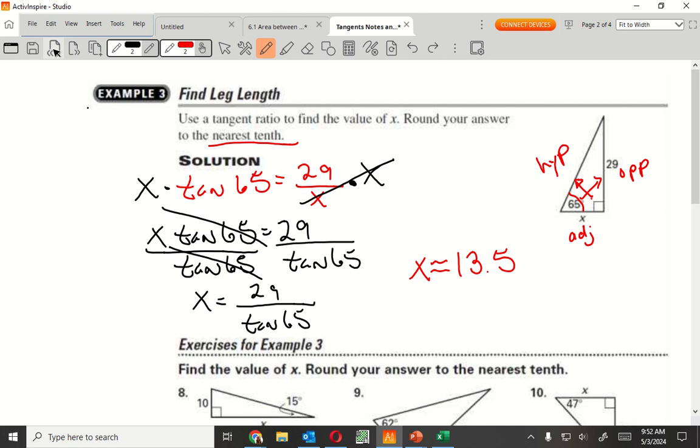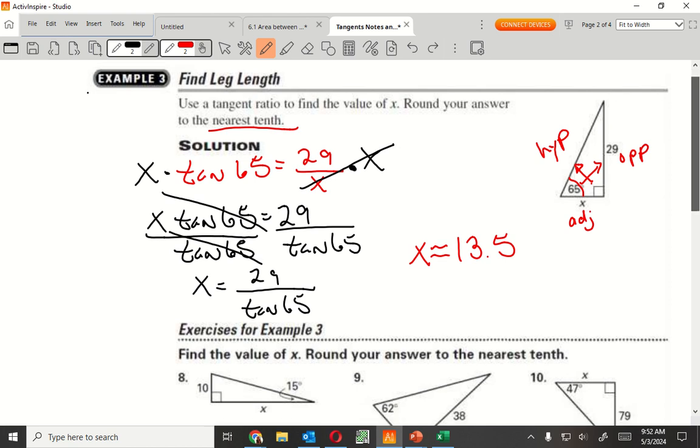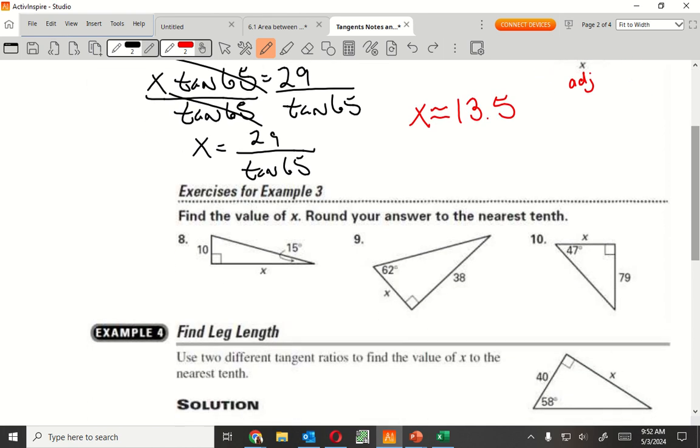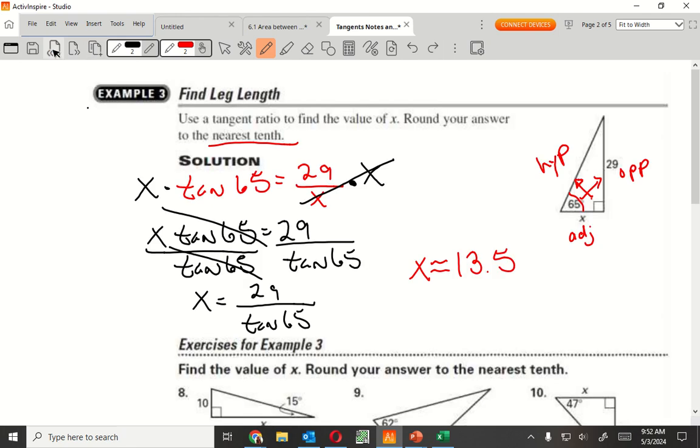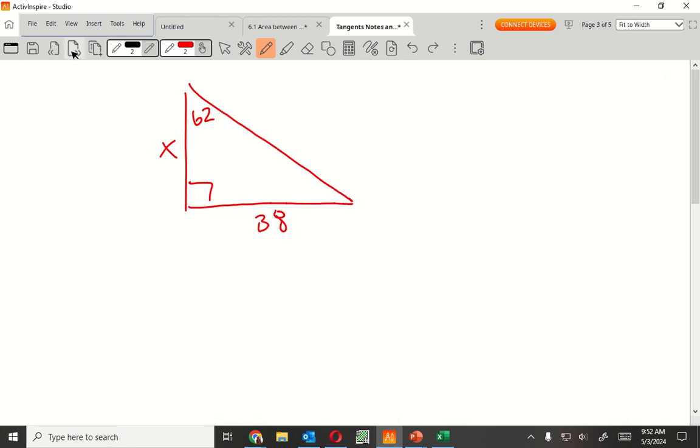Now let's look at the next one. Next one here, I'm going to trace this one and actually do it. So 62, 38, x.